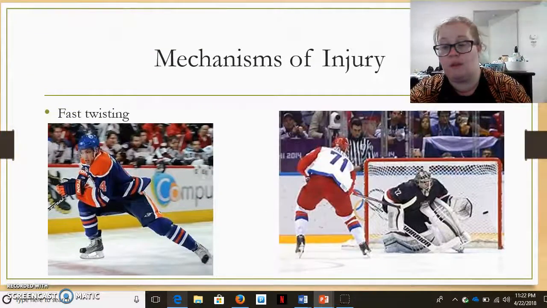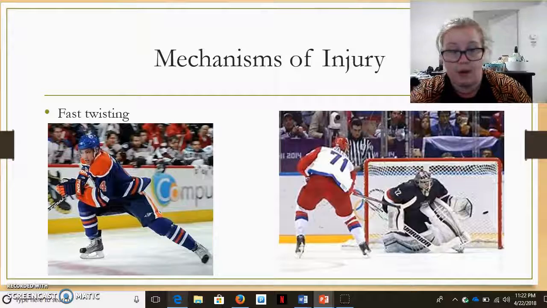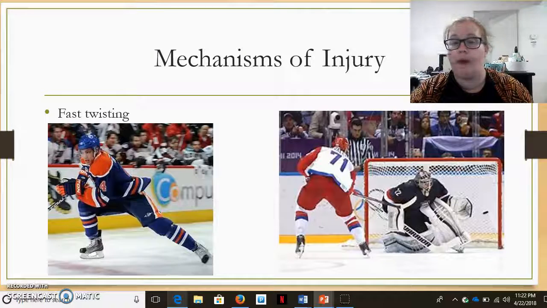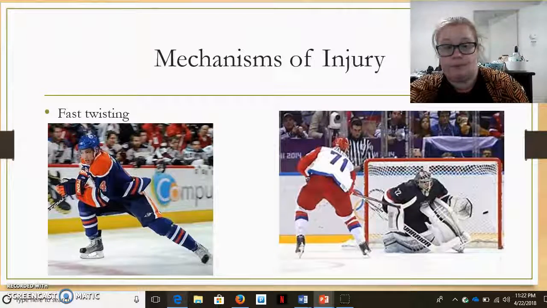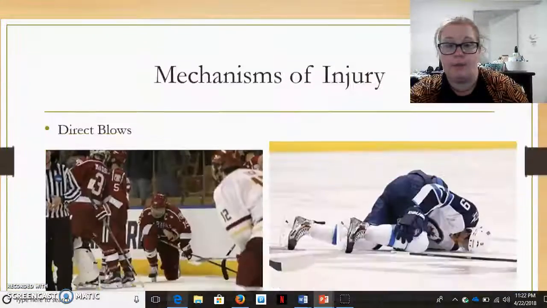So a mechanism of injury for this is fast twisting. So when the puck goes one way and then it goes the other, you're going to twist and go after the puck. So that's a very easy way of, you're just playing your sport and you go fast and you tear your ACL.